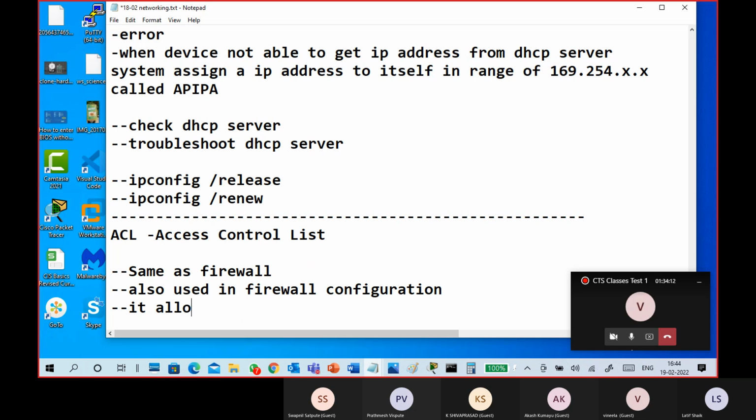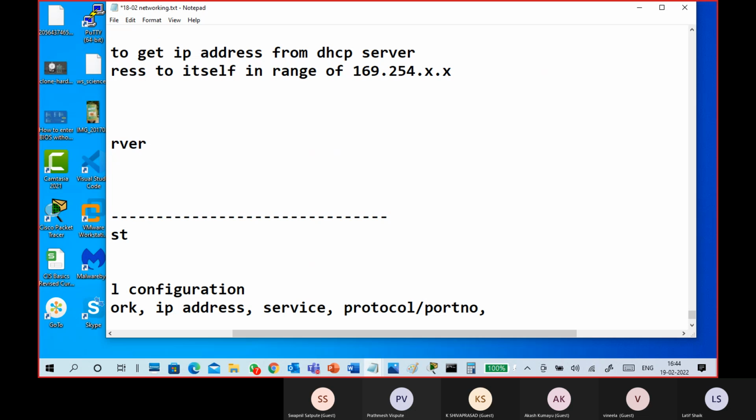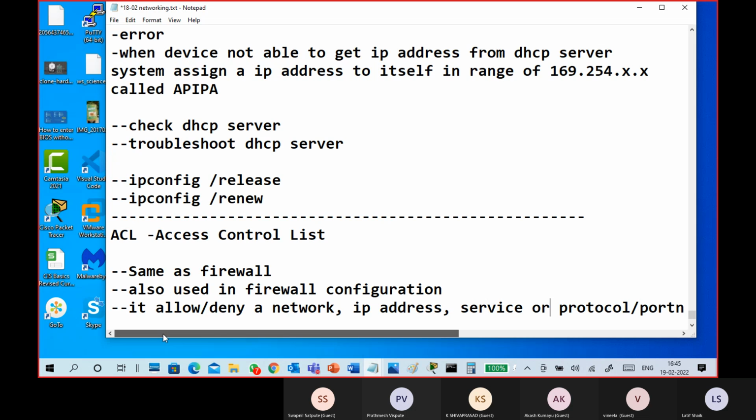It allows or denies a network or IP address, a service, or a protocol, port number, services.